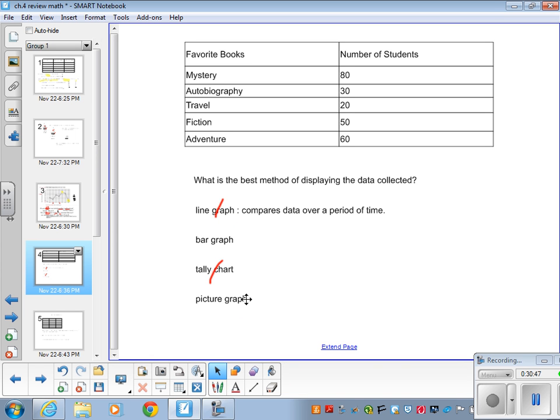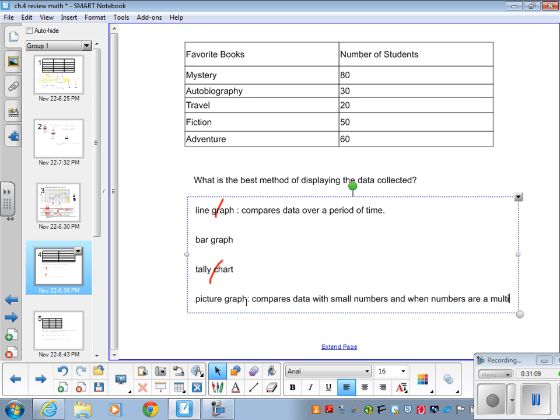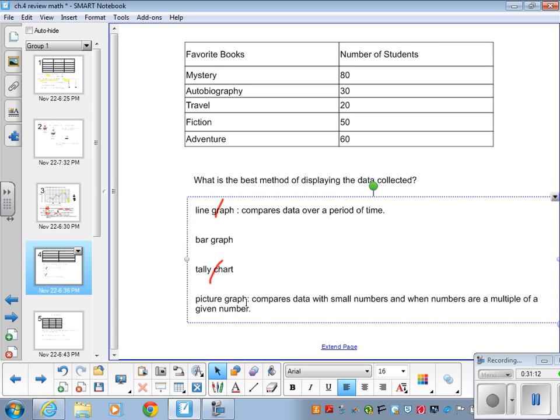Let me think about picture graphs. We went over that definition too. And a picture graph, I remember, compares data with small numbers, and when numbers are a multiple of a given number. 80, 30, 20, 50, and 60, they're all multiples of 10.